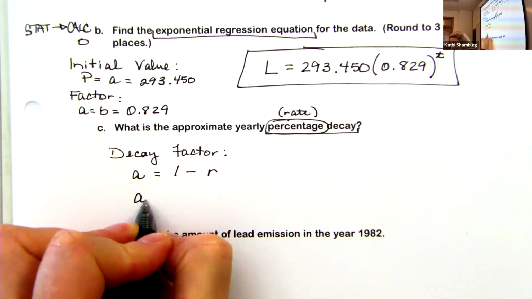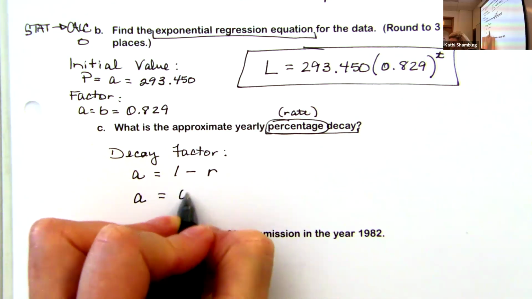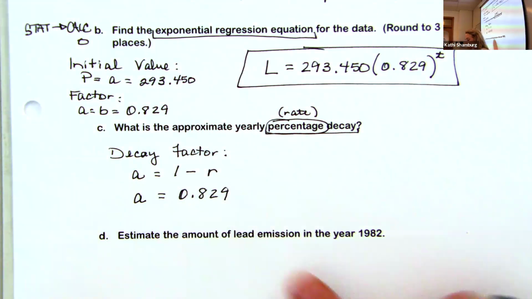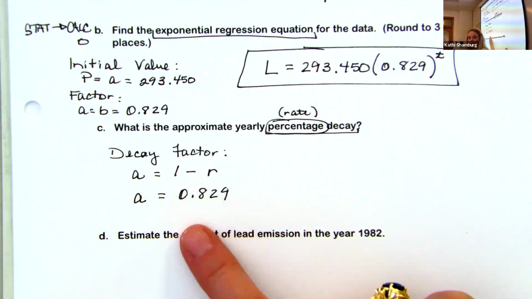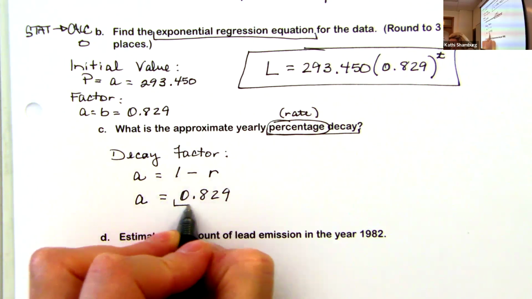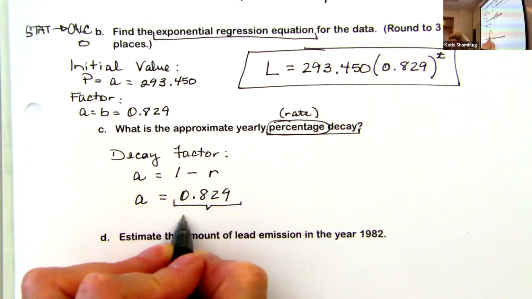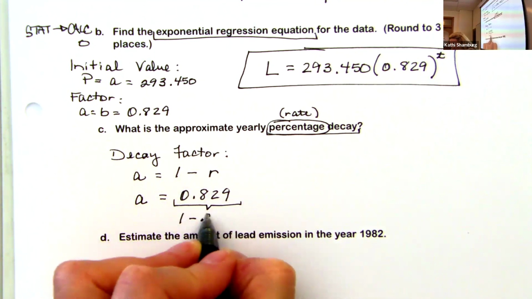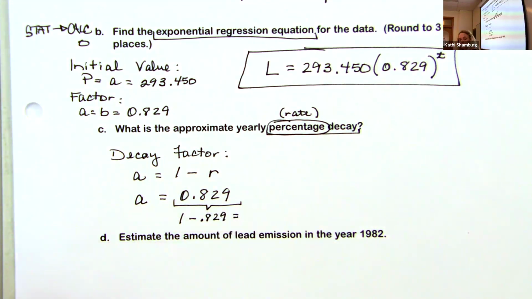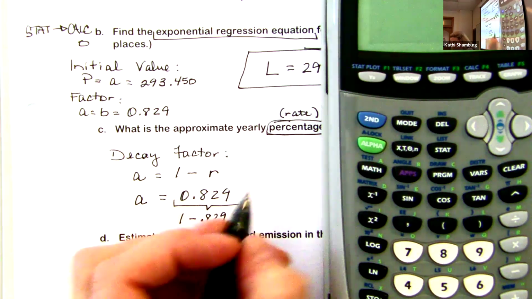So we have a is equal to 0.829. I need to find out 1 minus what gives me 0.829. So you're just going to do 1 minus 0.829, and this will give you your rate. Somebody tell me what that is. 0.171.